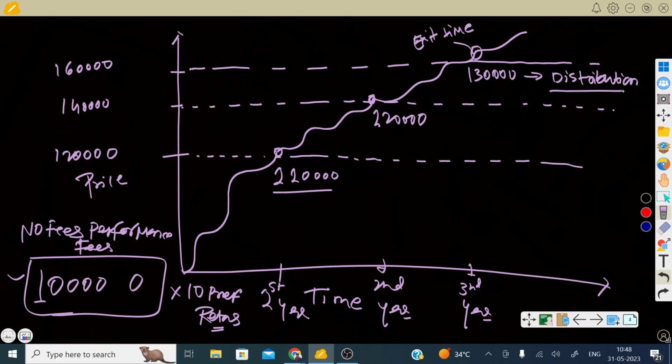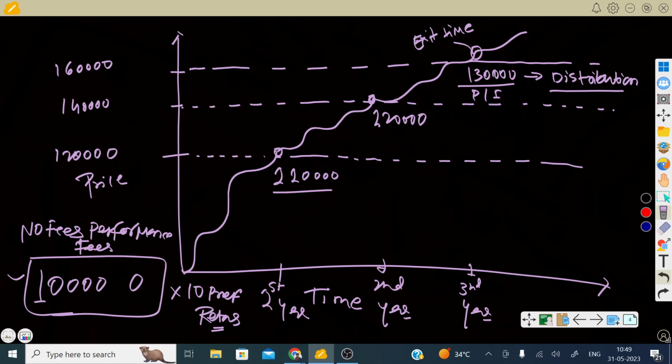Distribution of what? Here, if you see, it includes P and I, principal and interest, correct? So if the private equity fund executes a distribution, first of all you need to pay principal and interest to the investors. So let's pay it.